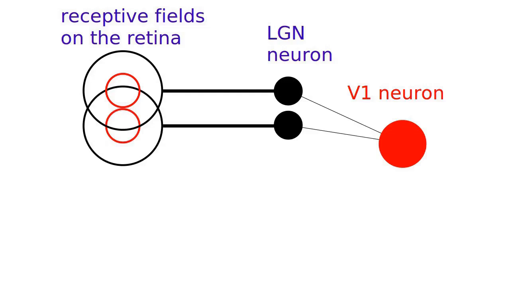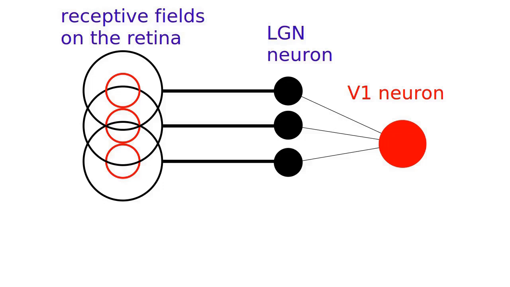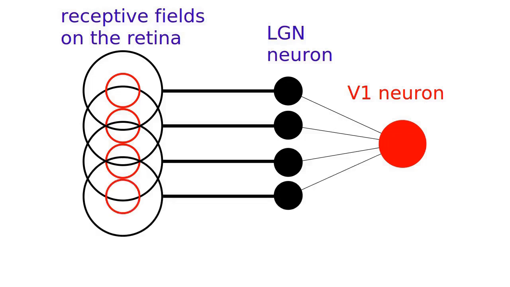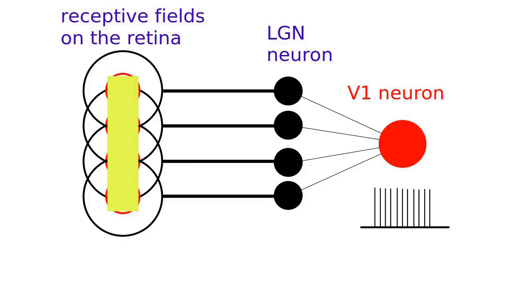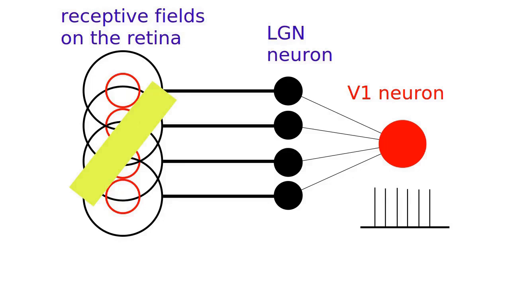By combining overlapping receptive fields in a linear manner and converging their signals onto the same V1 neuron, this neuron can detect a bright line in a specific position and direction. If the central regions of the receptive fields are illuminated, we can have the greatest response from the V1 neuron compared to other orientations of light stimulation.